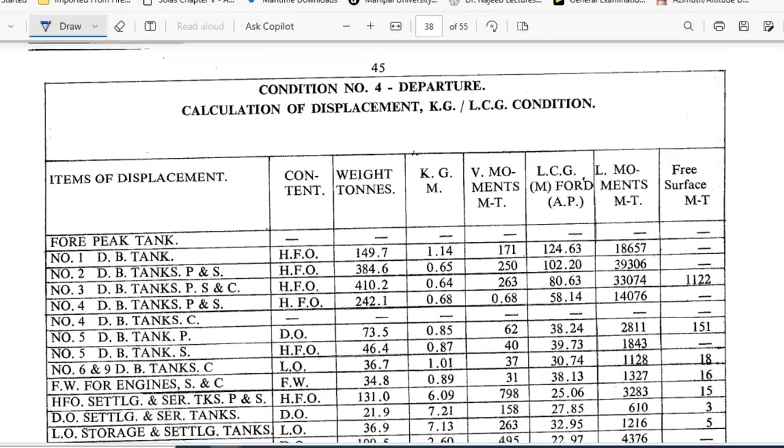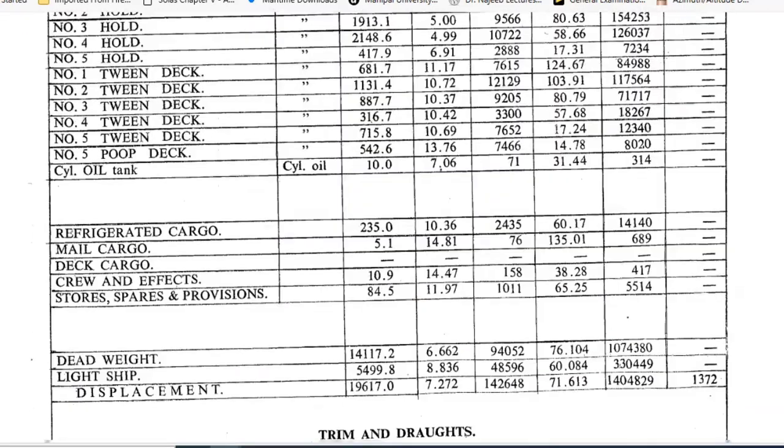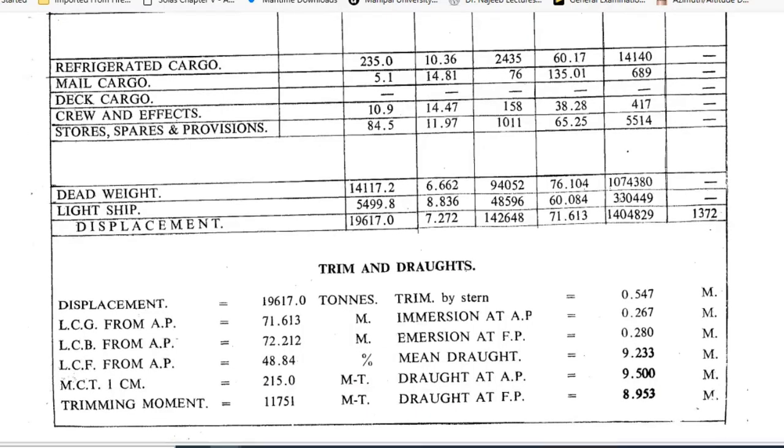What is the name of condition number 4? Departure. ठीक है. 4 peak tank खाली है. तो number 1 DB tank भरा हुआ है. Number 2 DB tank port and starboard, and so on. We'll come to the end. Displacement. What is the displacement here? 19617.